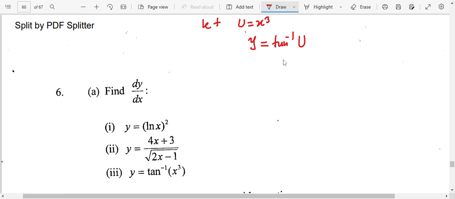Now for us to have tan inverse of u, meaning that what did we have at the beginning? We had tan y being equal to u. And then if you want to find y, that's when you say tan inverse of u. Are we okay? Yes. And then we are going to find the derivative now, the derivative of everything.